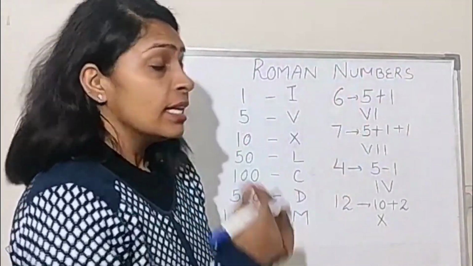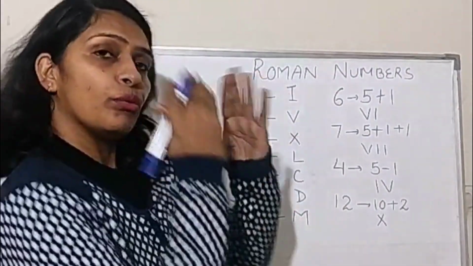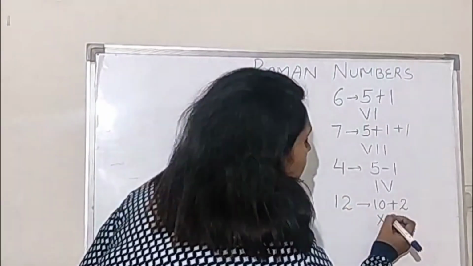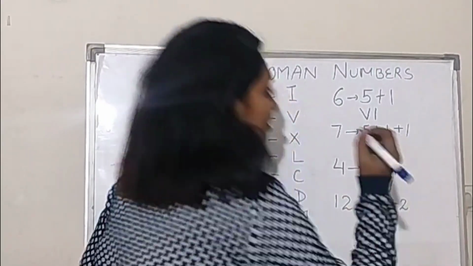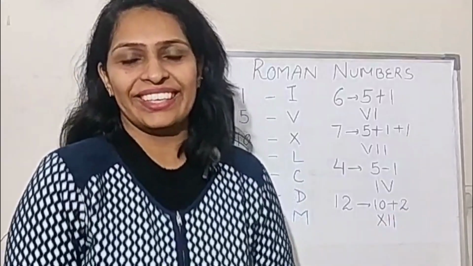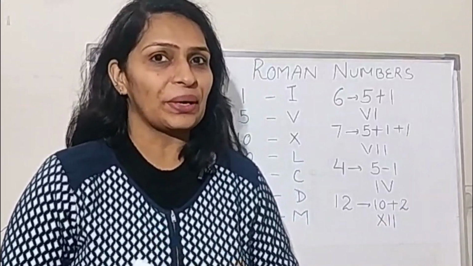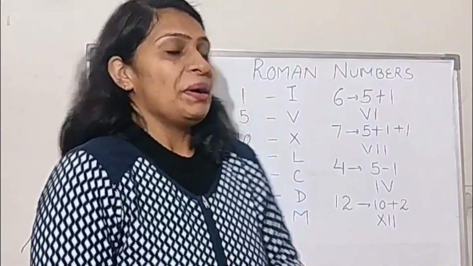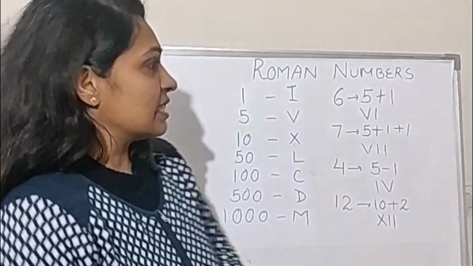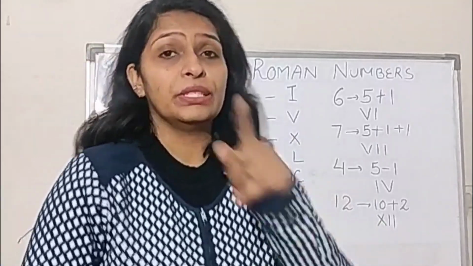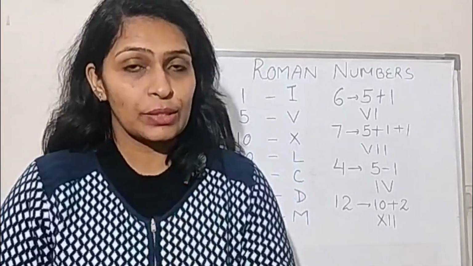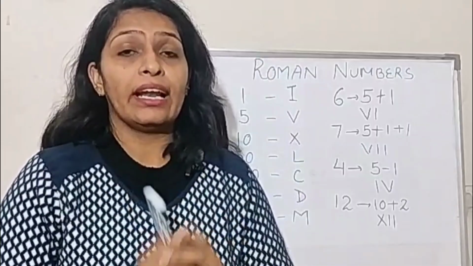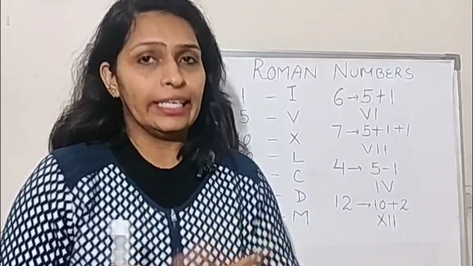And how much on the right? This is 2, and 2 we know is 1 plus 1, so we can write II. Got it? It is so simple, right? It's not that difficult to decode the codes. These are the questions I have taken up, but I have some tasks for you that I will be posting, and I will ask you to write down in the chat later on.